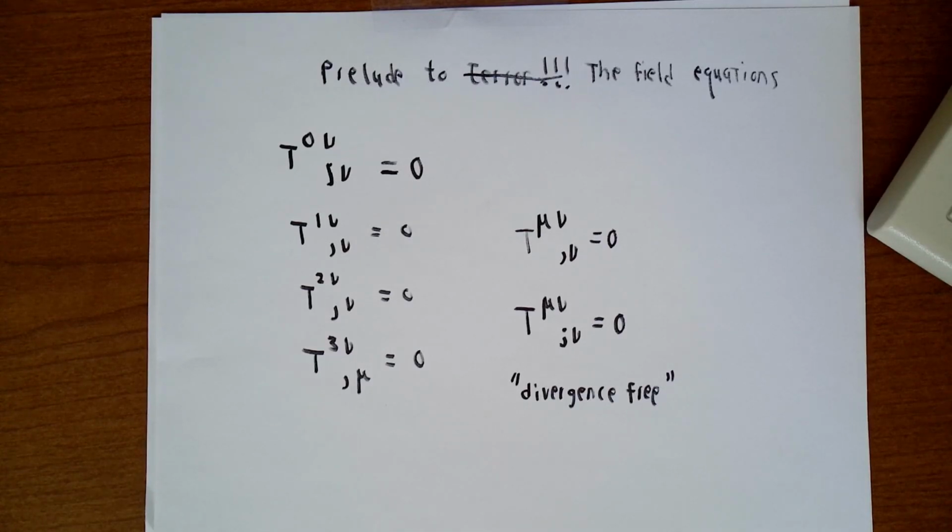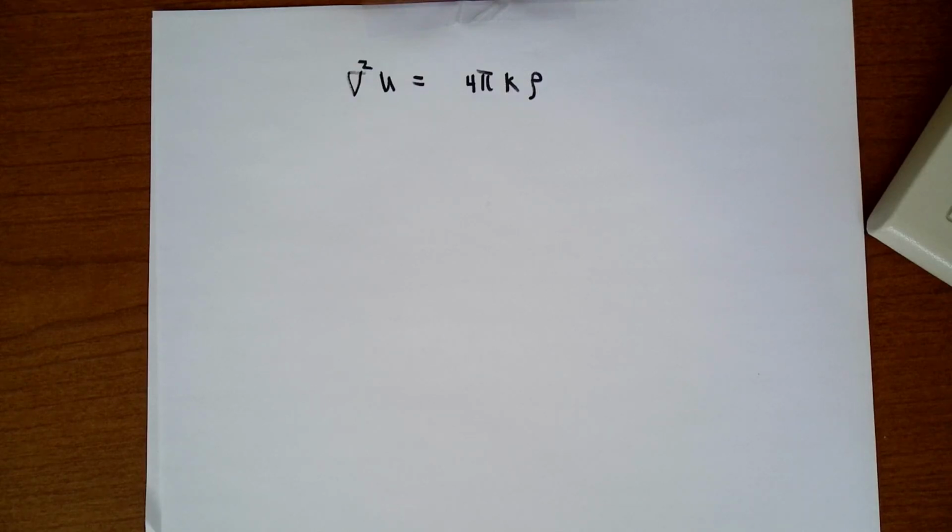divergence-free. The Newtonian field equation for the potential of a gravitational field is the Laplacian of the potential equals 4π times Newton's constant of gravitation times the mass density. I'm using kappa for the gravitational constant because there's going to be an awful lot of things named G coming up, and I just want to keep the confusion down.